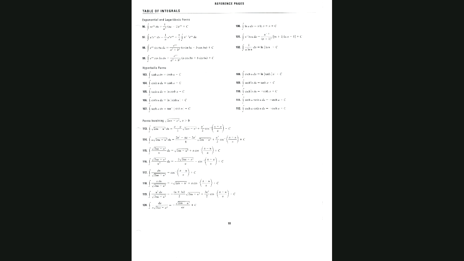So mathematicians, when they had to find integrals, often would refer to this table to help them get an answer. Now, the way they came up with these integrals is basically through techniques of integration, like you learned.